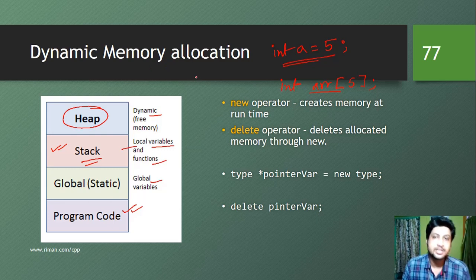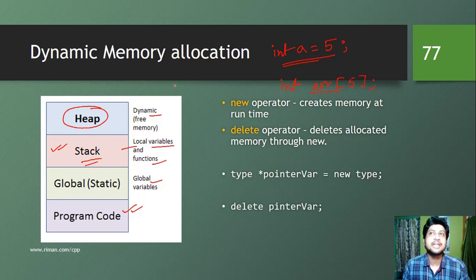What is called dynamic memory allocation, or why is it called dynamic memory allocation? Dynamic memory allocation means when the memory of a particular variable or object is created at the time of running. That means at the execution time or the runtime, if memory is created for a particular object or variable, that type of allocation is called dynamic memory allocation.